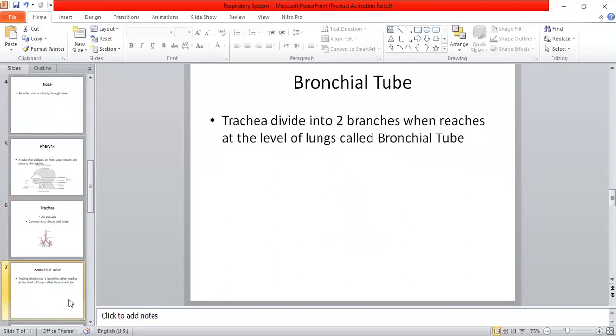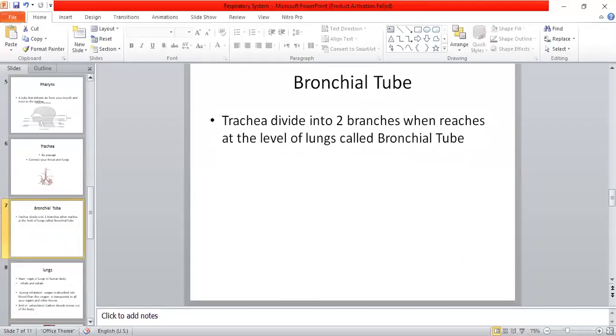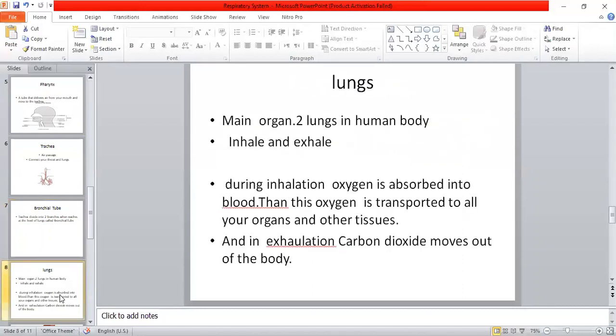The trachea divides into two branches when it reaches the level of the lungs, and each is called a bronchial tube, plural bronchial tubes. Now I hope you understand this. From the bronchial tubes, finally air enters into the lungs.